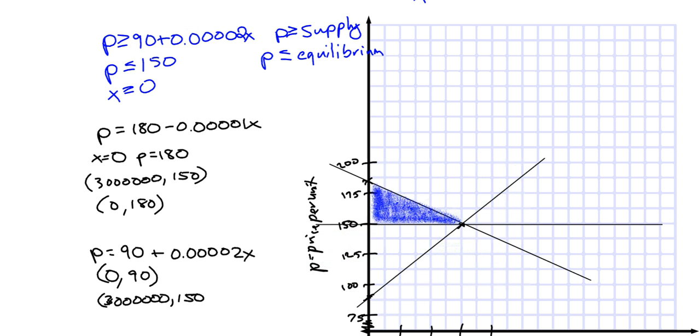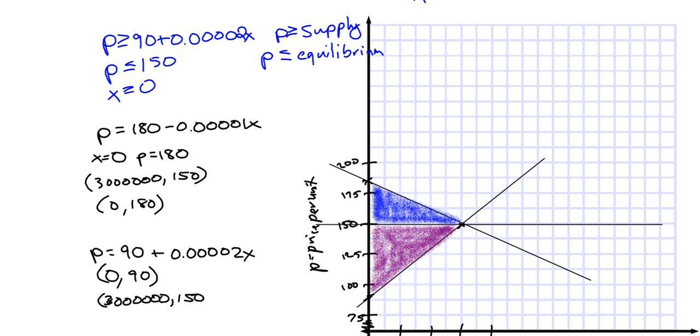We'll shade that in maybe this purple color, and that is our producer surplus. And so this is what we end up with as our picture for this problem.